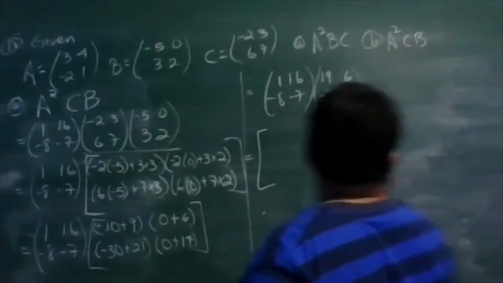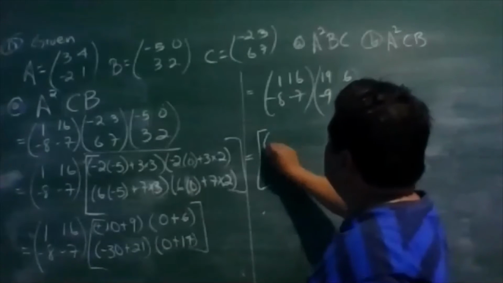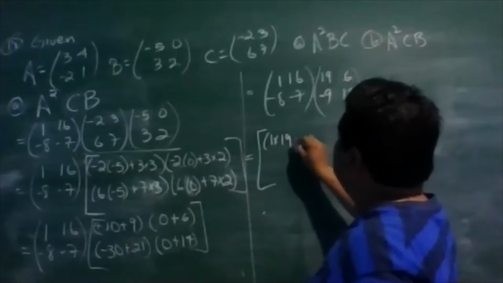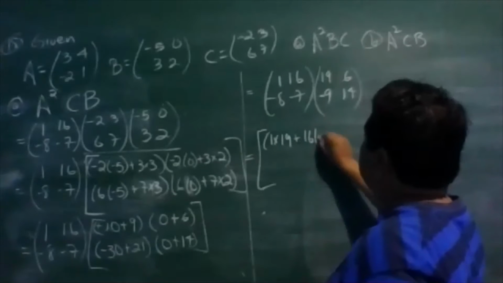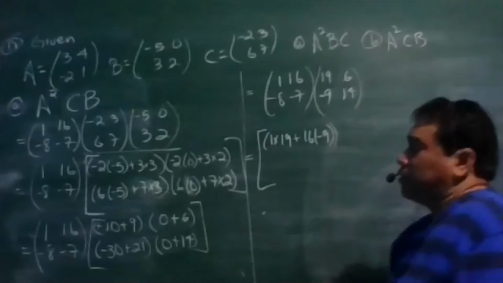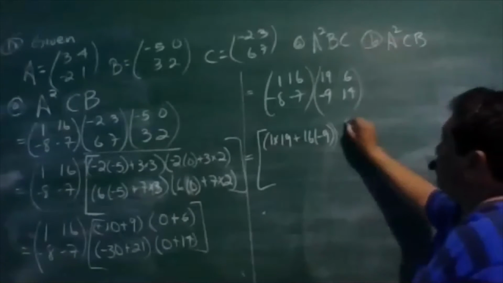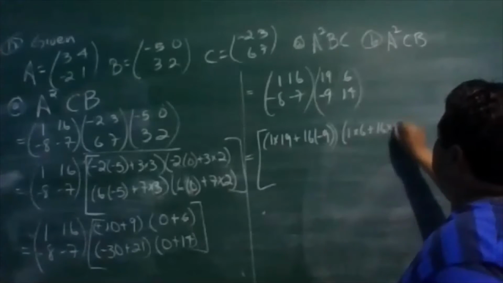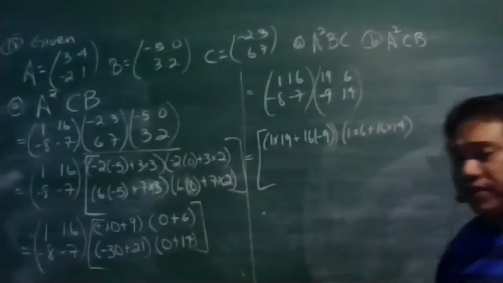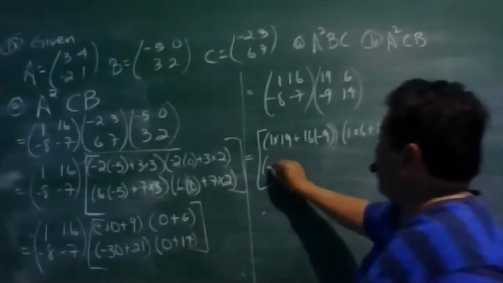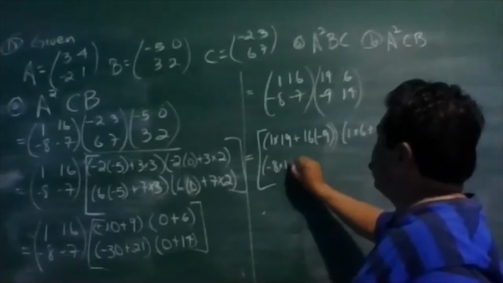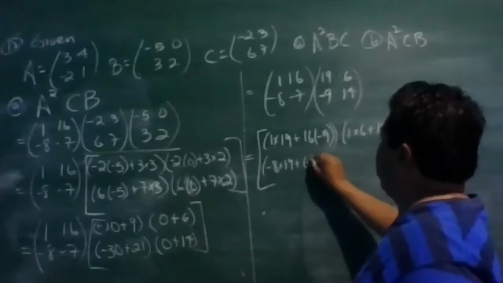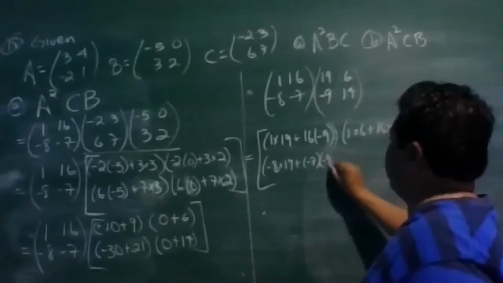So I begin. 1 times 19 plus 16 times -9. You know that's going to be a large number. 1 times 6 plus 16 times 14. That's the second element. -8 times 19 plus -7 times -9.